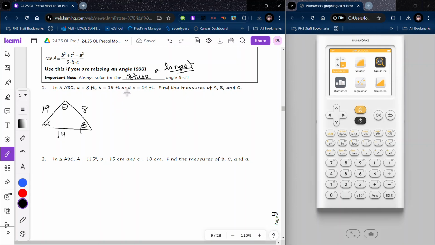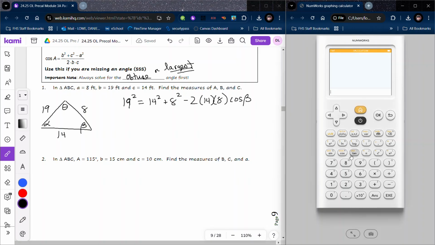Well, I know my relationship is that 19 squared is going to be equal to 14 squared plus 8 squared minus 2 times 14 times 8 times the cosine of the angle across from 19. So I'm going to go ahead and make these computations.